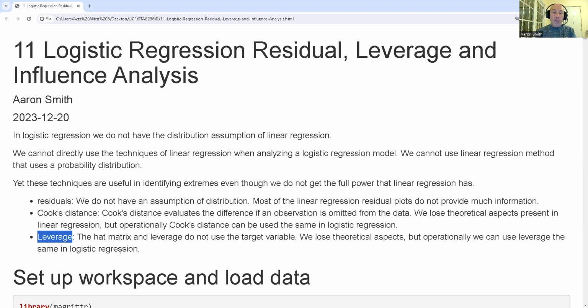And so leverage can be used in logistic regression for the purpose of identifying extreme observations. Leverage shows observations that have more influence and more pull than others. Now, I lose the theoretical aspects with that, but I have a method of flagging extreme values, and that's usually enough operationally.